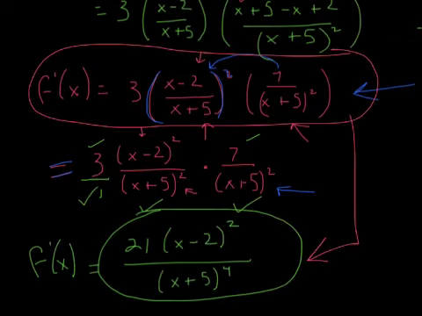The way this was written up above, you could not combine it. We had to rewrite it. I can't just take this x plus 5 and multiply it by this the way it is, because that x plus 5 is trapped in this giant parentheses. But once I separated the numerator and denominator, then I was able to do that. So you kind of got to watch the different rules. But that's that example.